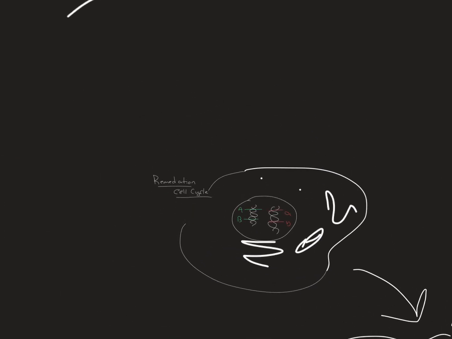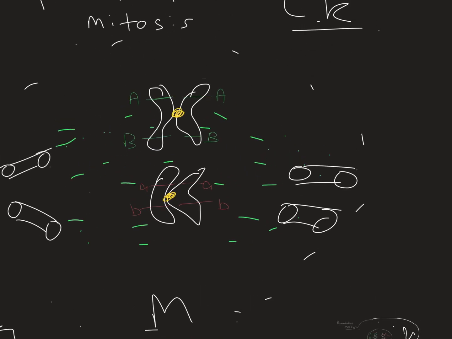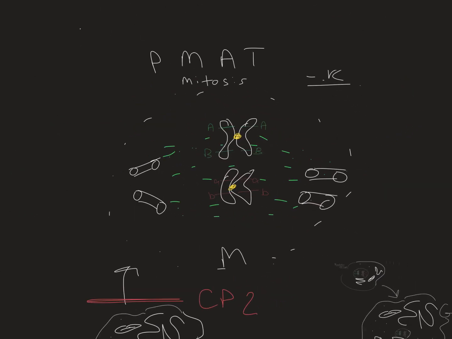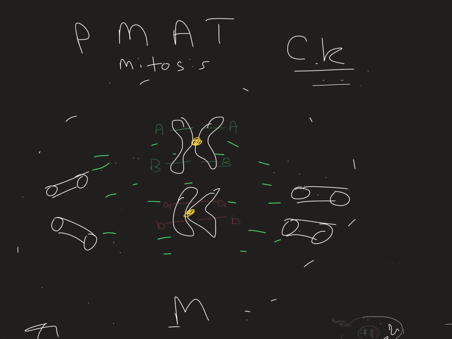So if you're going to end up with an identical cell, you have to have a big A, little a, and a big B, little b. Because you lined them up this way, what is each new cell going to have? Big A, little a, big B, little b. Because this is going to go this way, that's going to go that way, just because they're lined up the way they are. That would be the drawing of metaphase.